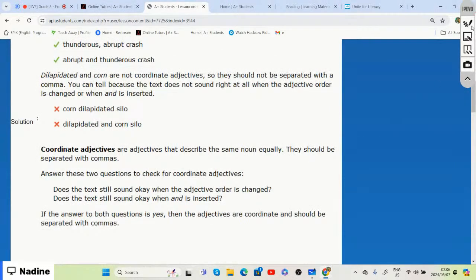Firstly, an adjective describes a noun or tells us about the noun. That is an adjective, right? But in this case, coordinate adjectives are adjectives that describe the same noun equally, and they should be separated with a comma.